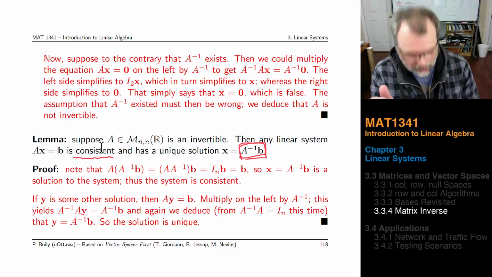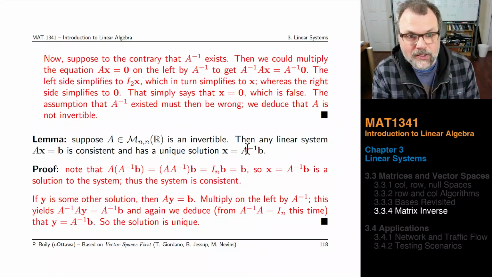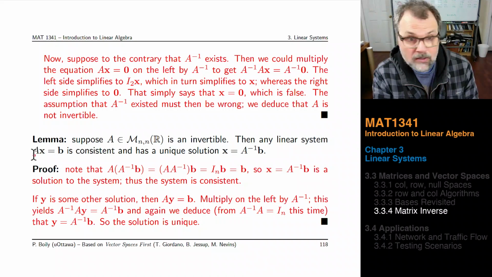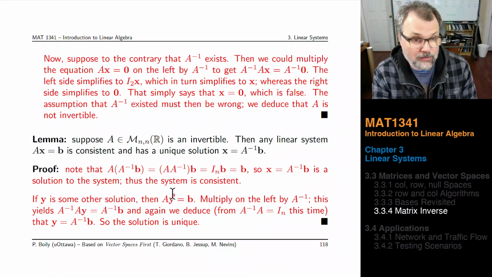How do we prove that? That's pretty straightforward. To show that it is the solution, just say, okay, well, if this is a solution, I should be able to multiply it by A on the left and get the constant vector b. So here's A, my coefficient matrix, times the suspected solution. Now, because of matrix product properties, multiplication is associative, the order in which you multiply matrices doesn't matter.